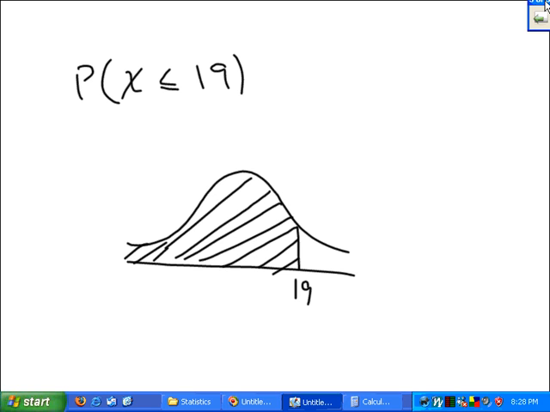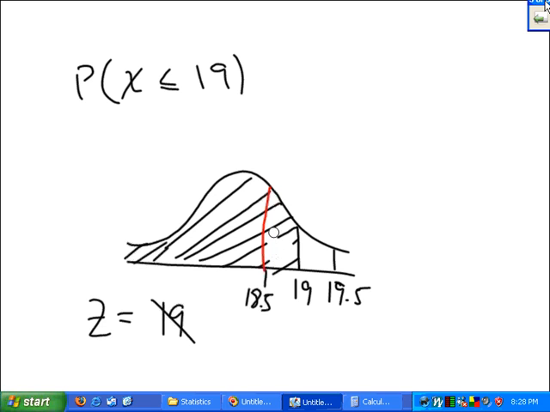The thing is, I can't use 19 in the z-score. Either go a little bit less than 19, a half less, or a half more. And the half more will be 19.5. Now, if I use 18.5, then I have a little problem.